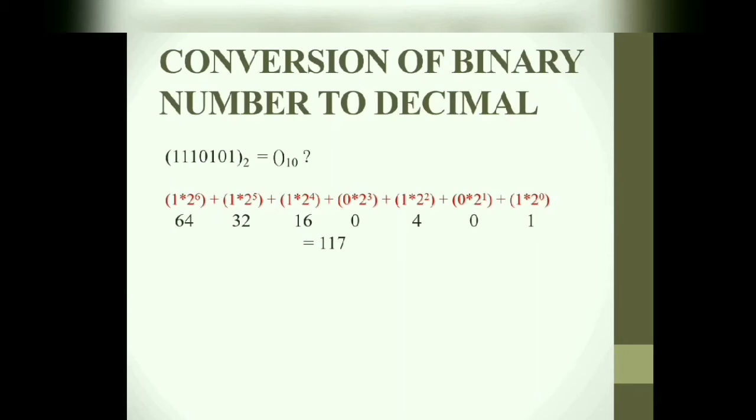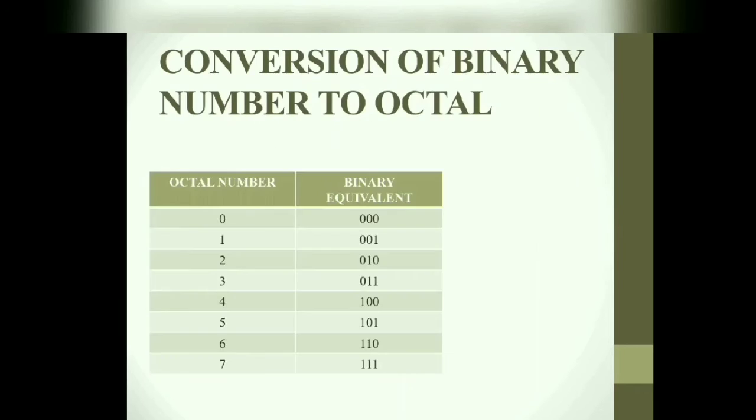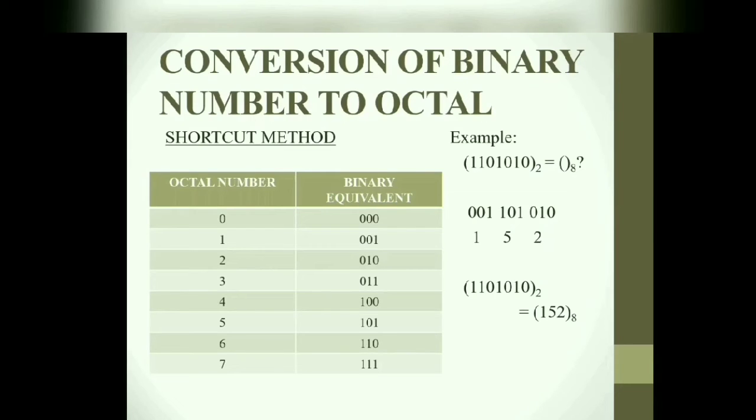After multiplying each digit by power of 2, then sum the products or add the products, and the total will be the decimal equivalent of the corresponding binary number. 117 is the decimal equivalent.